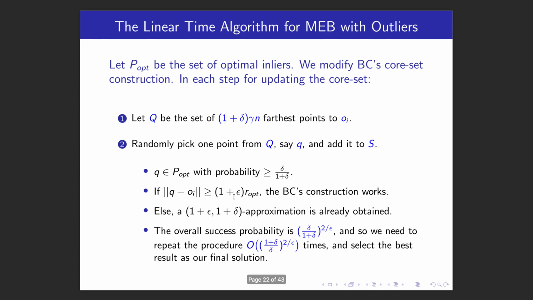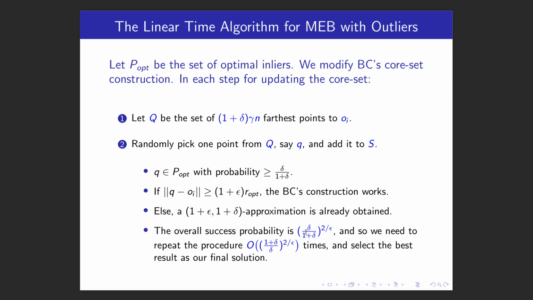But for this approach, we need to pay attention to the success probability, because the whole algorithm is based on random sampling. For each step, the success probability is delta over 1 plus delta. And we run the construction for 2 over epsilon steps.